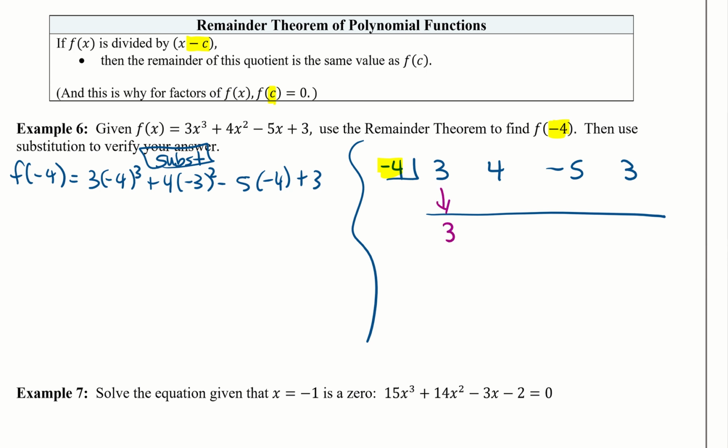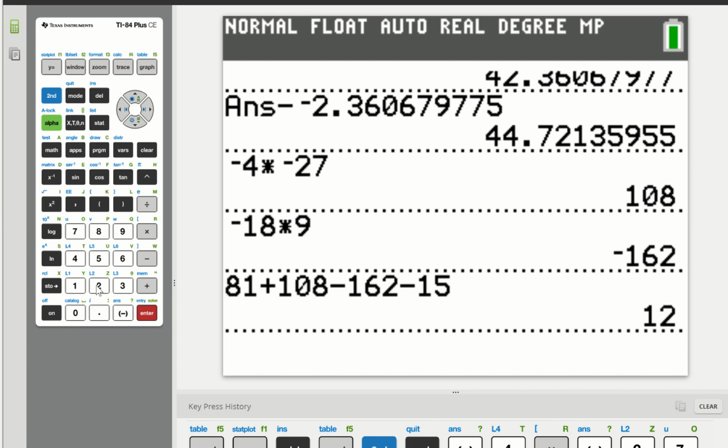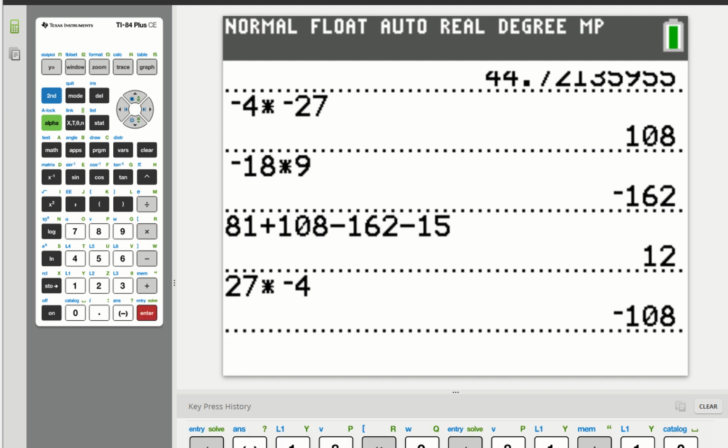I'll get 3. So I'll multiply and add repeatedly, hopefully correctly. Let's see, what would that be? 80 and 28, maybe 108. I don't know. Let's verify that. 27 times negative 4. Fantastic. Okay.